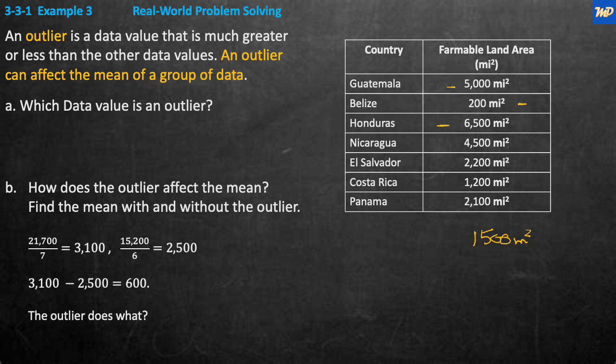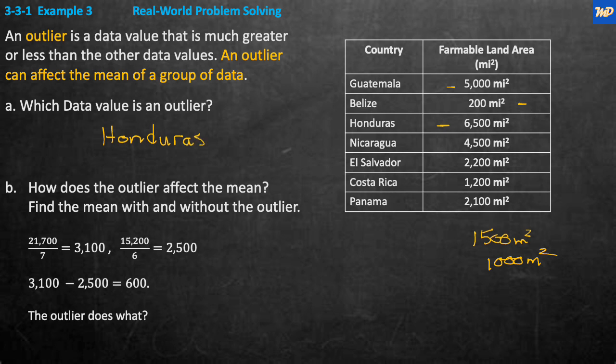The next closest is 1,200. Well, 1,200 minus 200 is 1,000 miles square. So which one is farther out? It looks like Honduras is the outlier in this group. Which data value is the outlier? I say Honduras. H-O-N-D-U-R-A-S, Honduras.